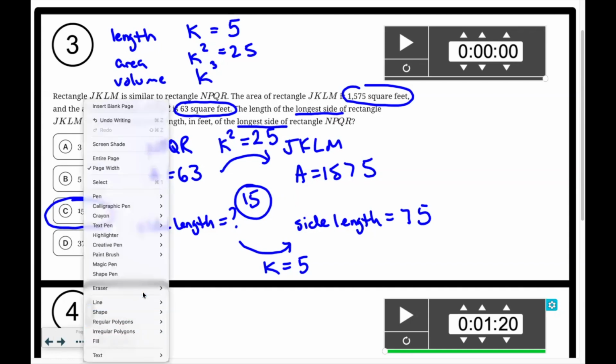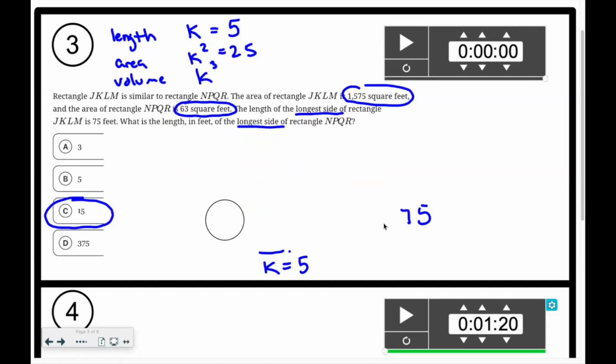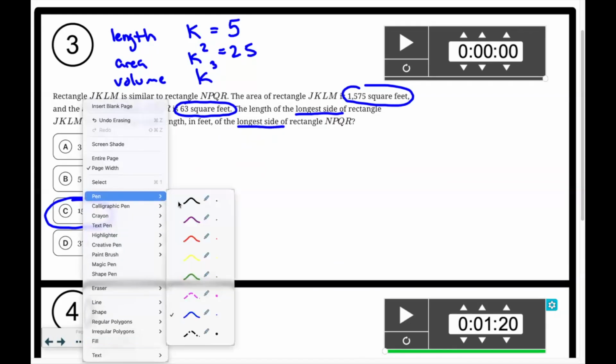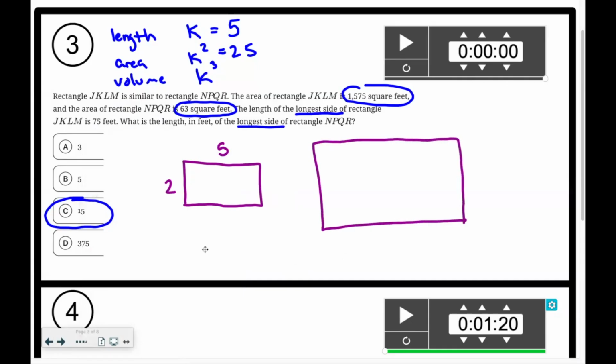Just to show you that it doesn't matter whether it's a square or a rectangle or a circle or any shape, as long as they're similar. If I take a rectangle and I make this 2 by 5, and then I make a bigger rectangle, just to make it easy, I'm going to make the scale factor 2, which means this new length becomes 4 and this new length becomes 10.